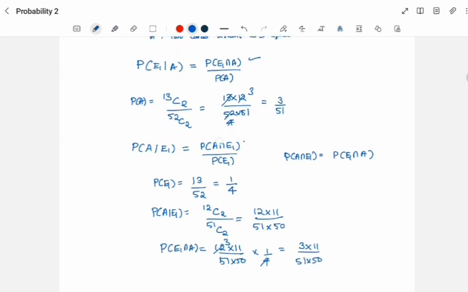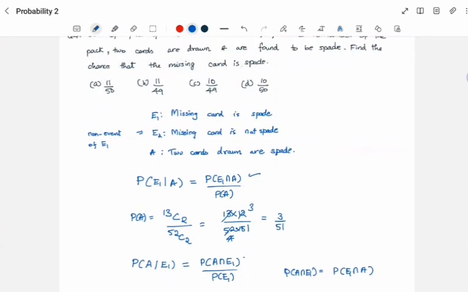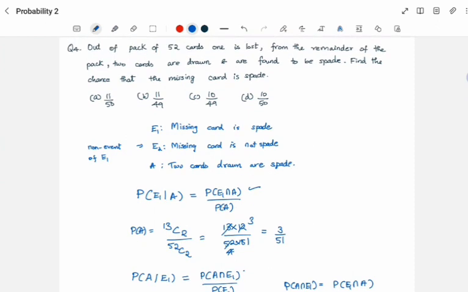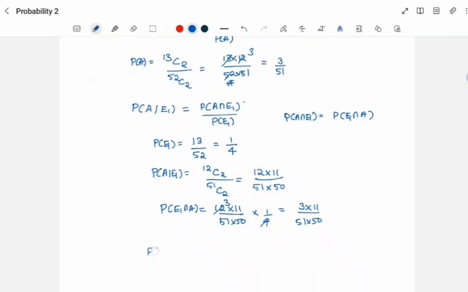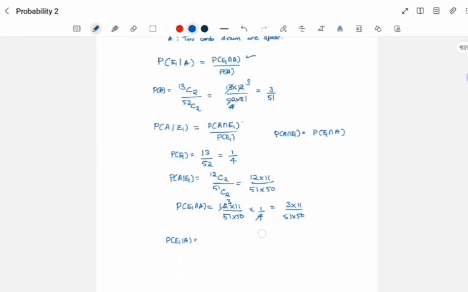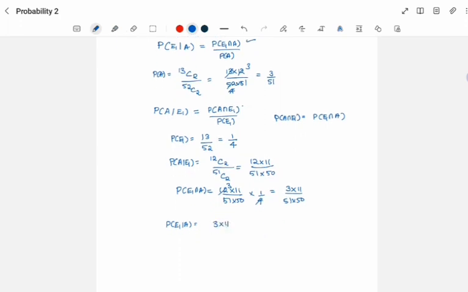Now I can easily find P of E1 given A. That is what they are asking: find the chance that the missing card is spade, where it is already given that the 2 drawn cards are spade. So P of E1 given A is nothing but this value, 3 into 11 by 51 into 50, divided by P of A. P of A is 3 by 51.